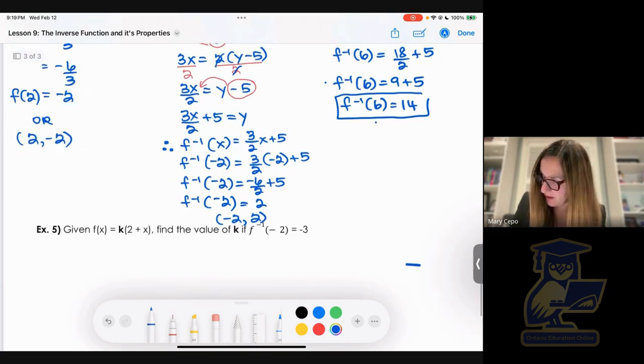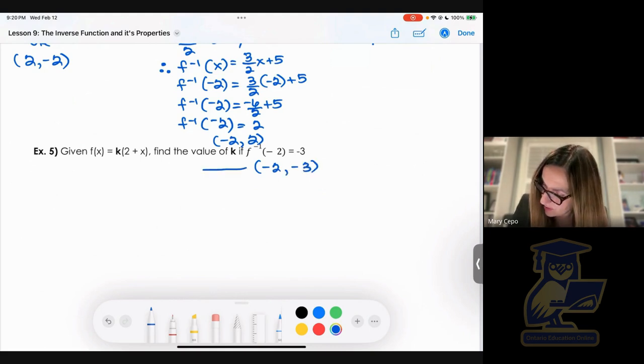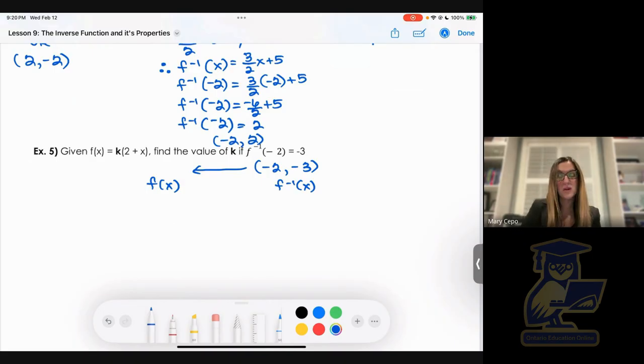Okay, last but not least, we have given f of x is equal to k times 2 plus x, find the value of k if we know f inverse at -2 is equal to -3. So if we know in the inverse when x is -2, y is -3, in the original function, remember, coordinates were interchanged.